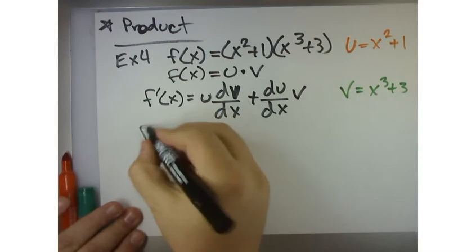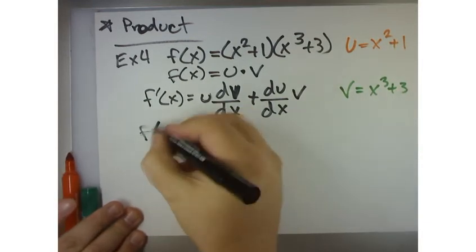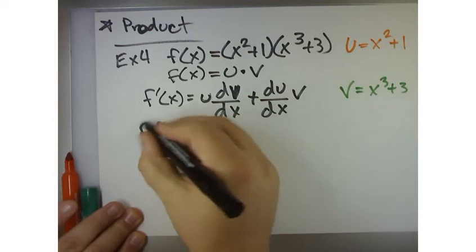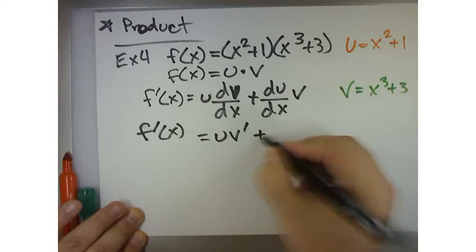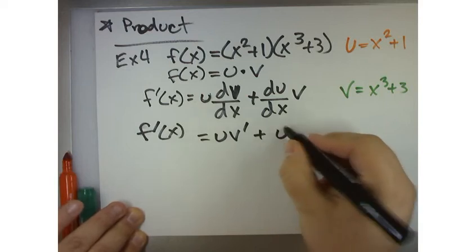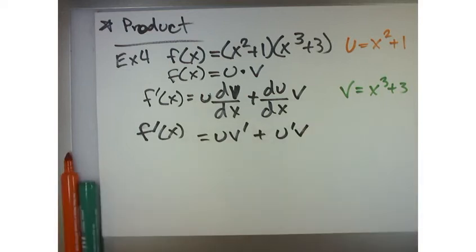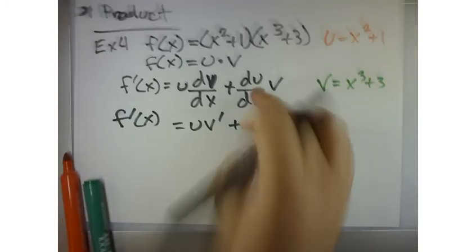Or you could think of it like this. This is how Mr. Adams learned it, and I'll write it down this way sometimes. I'll try to stick to the book, but I've always learned it as u v prime plus u prime v. But this is how they write it in the book.